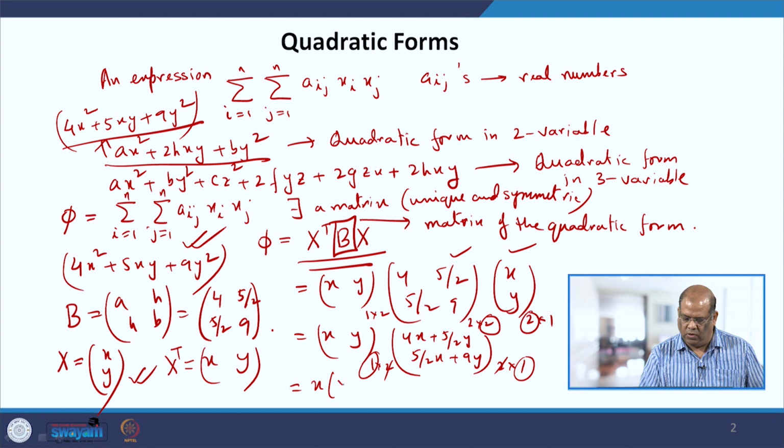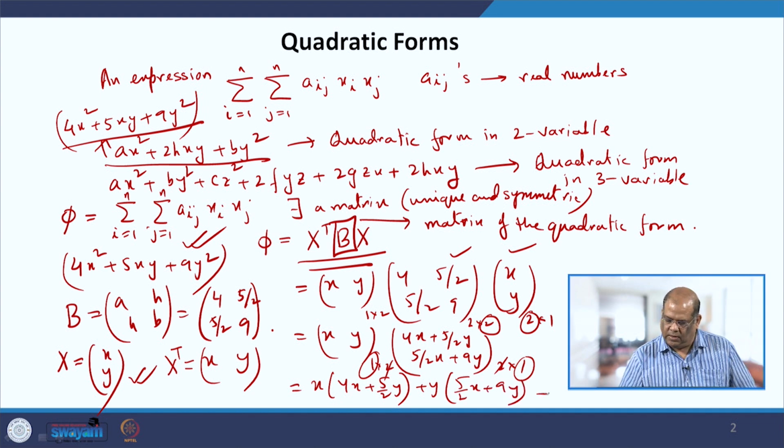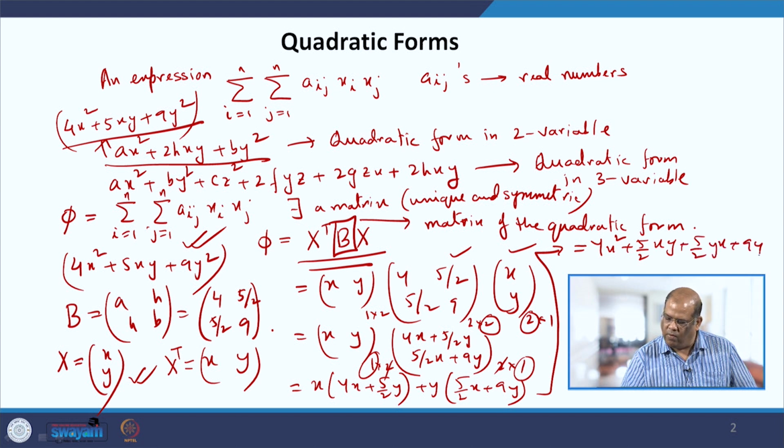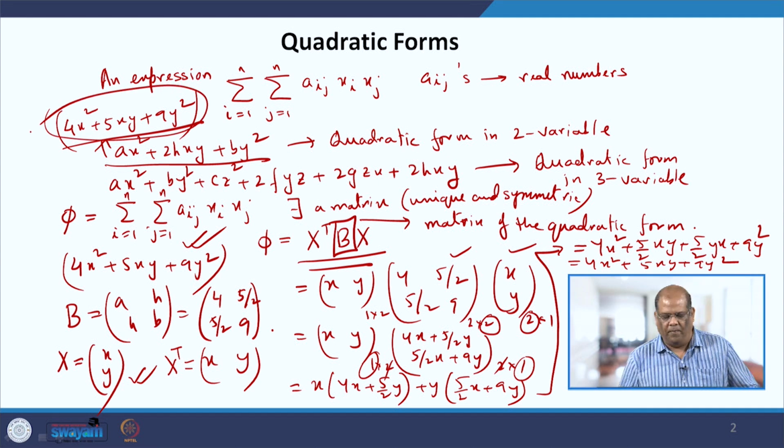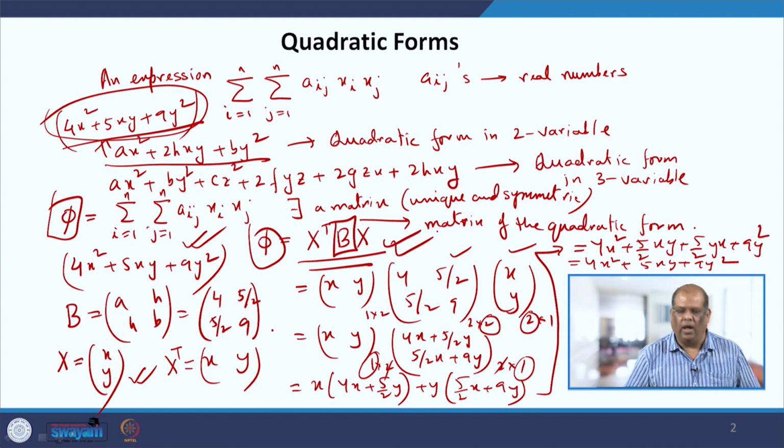So, x times (4x plus 5 by 2 y) plus y times (5 by 2 x plus 9y), and if we simplify this, it is 4x square plus 5 by 2 xy plus 5 by 2 yx plus 9y square, and hence 4x square plus 5xy plus 9y square, and we get this particular quadratic form. So, this and this are the same.